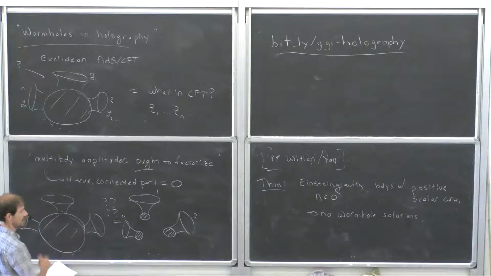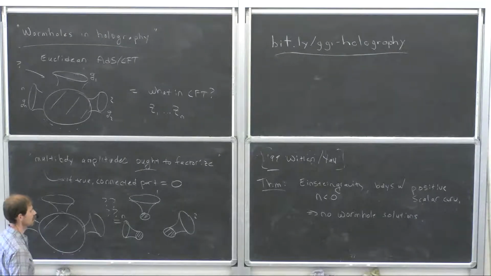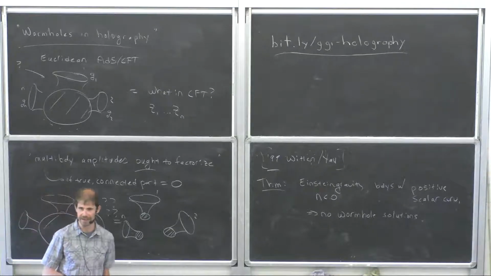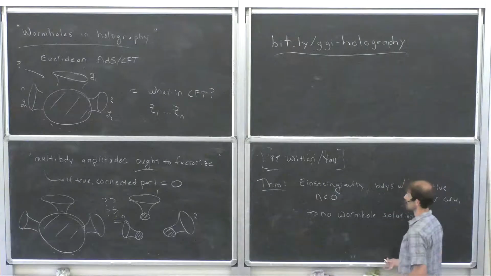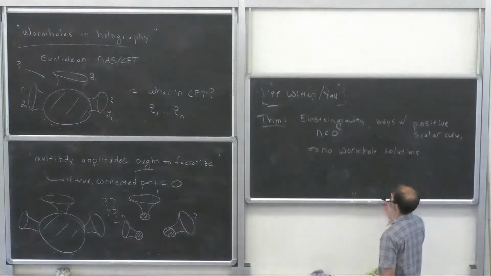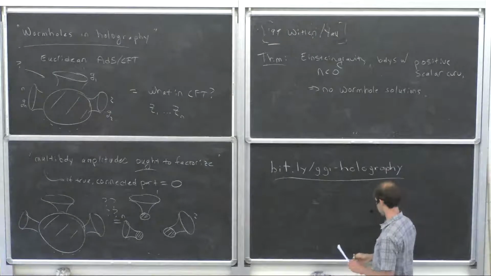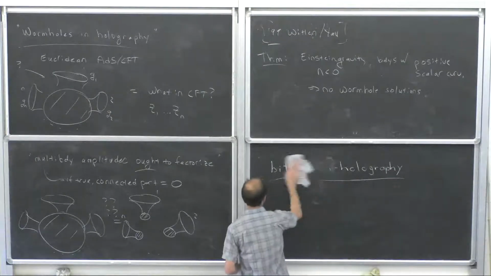Right, so this is a theorem, as is often the case, and it comes with certain assumptions. Once you violate the assumptions, you can find counterexamples. And those counterexamples, the first ones that appeared on arXiv, appeared in a paper 5 years later by Maldacena and Maoz.